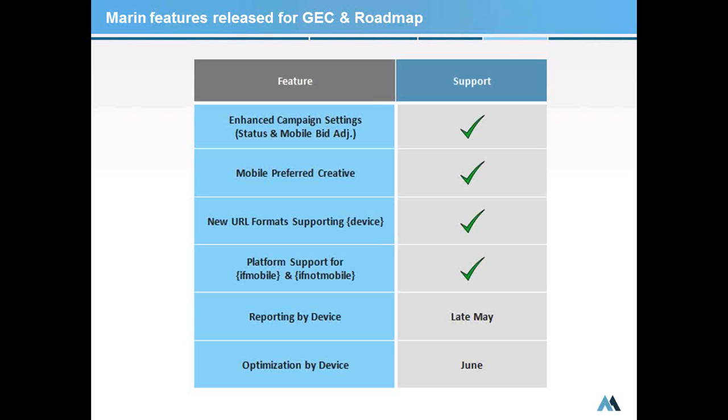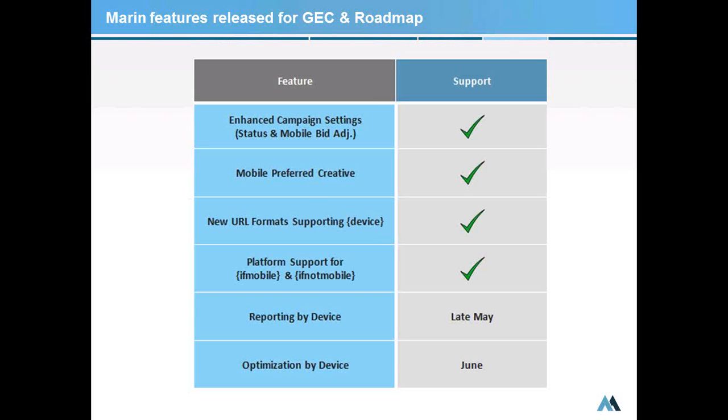We also have support for the if mobile and if not mobile ValueTrack params. These are params that you can use in order to have two separate landing pages, one for desktop and one for mobile. You can think of it as very similar to the distribution ValueTrack params, which are if search, if content.